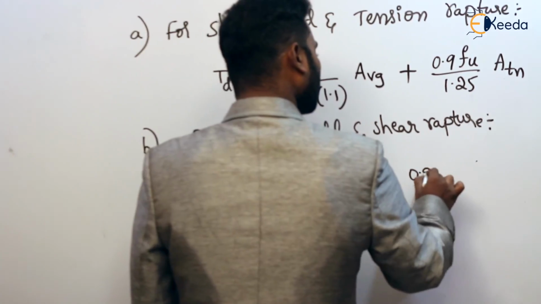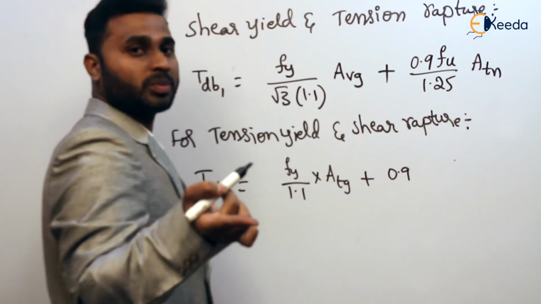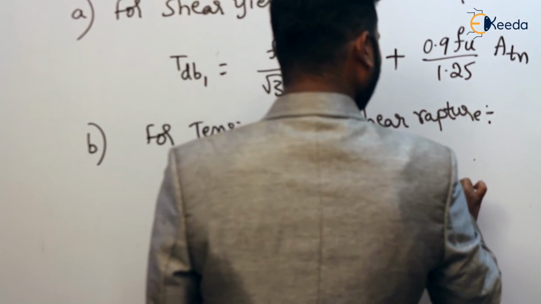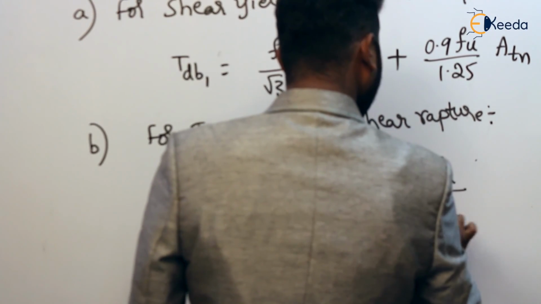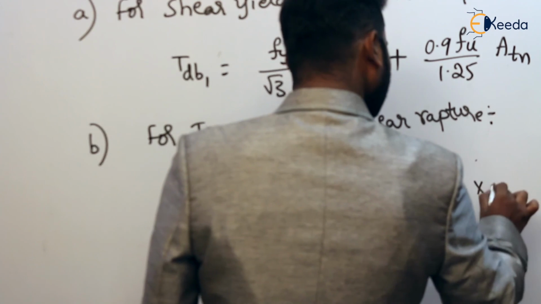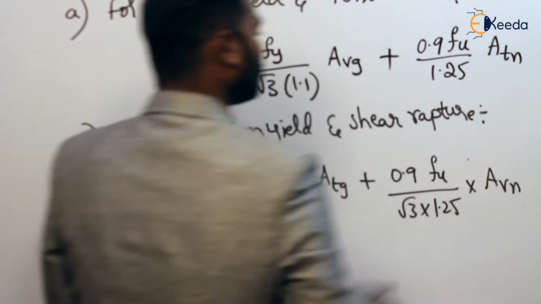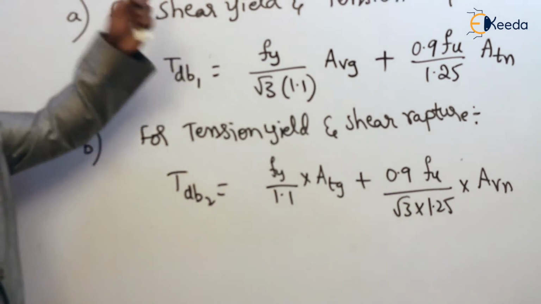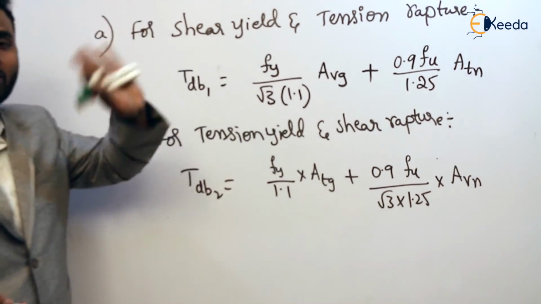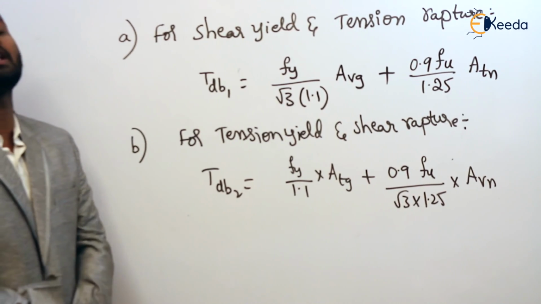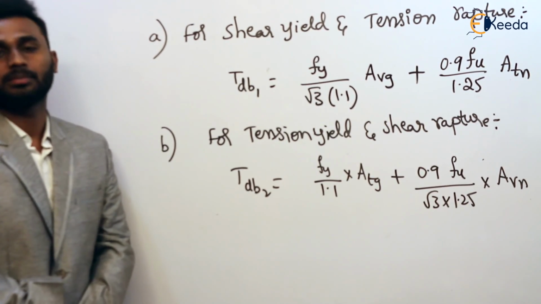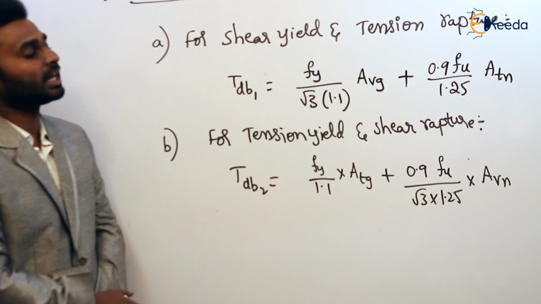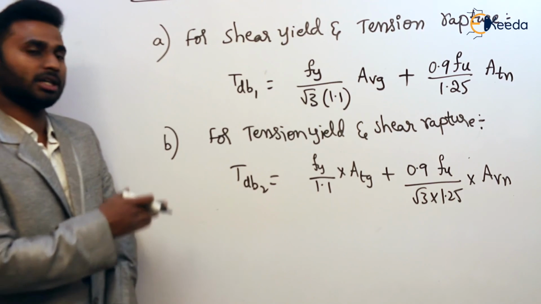Plus, in shear it is going to rupture, so we have Fu by √3 and 1.25 into Avn. Out of these two, whichever is minimum is taken as the design tensile strength in block shear. Then out of the total three, whichever is minimum is taken as the design tensile strength for a member. So take this formula. How to calculate Avg and Atn I will explain with a diagram or with an example. So first you take it down.